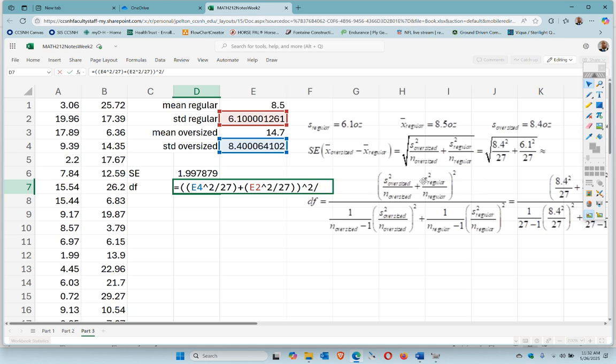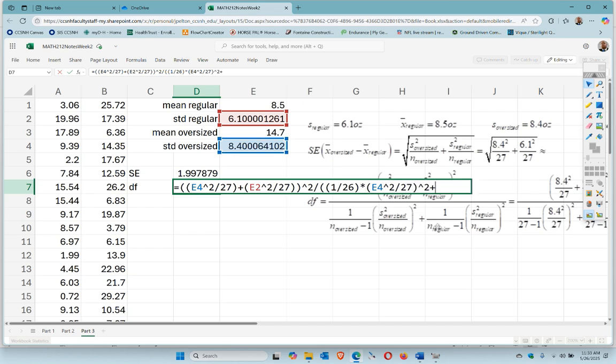Now we have the denominator, so we have a couple different pieces here. The first part is 1 divided by 26, because it's really the 27 minus 1, times the oversized squared divided by 27, and then square that.